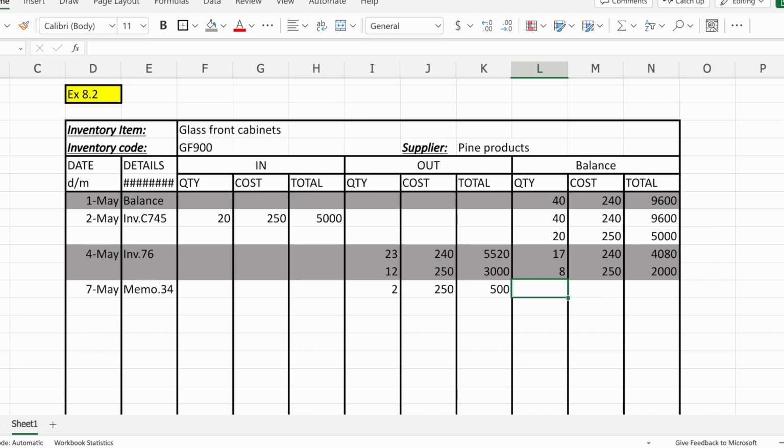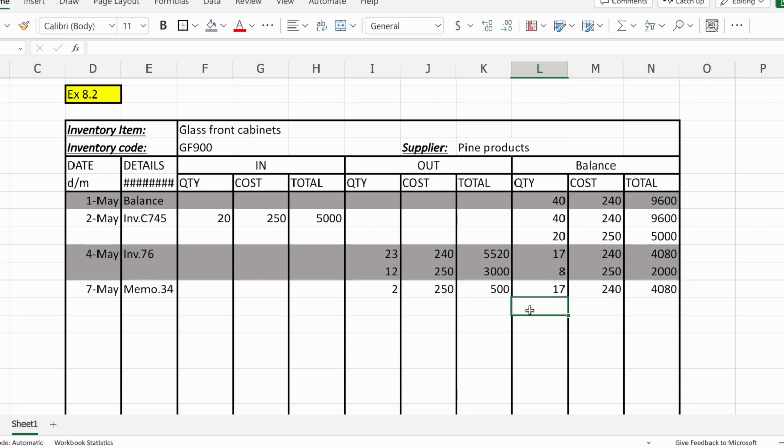Now which piece of inventory did they take? The 240 one is not affected because it still remains in the business, so that's just the same as here. What is affected is the other piece of inventory, the $250 one, of which there are 8.